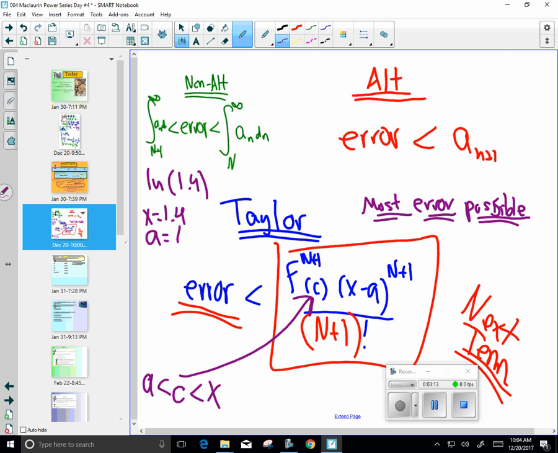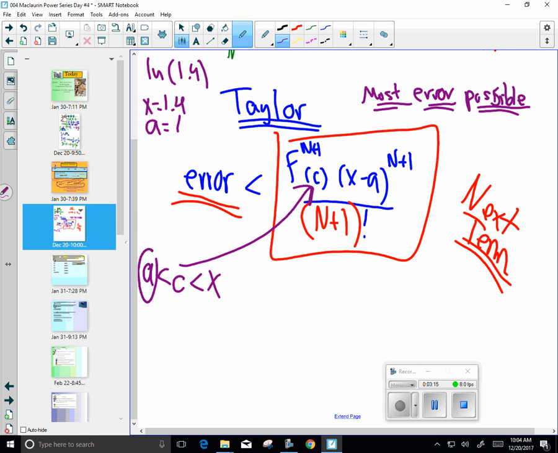Now, why do you have to check both a and x? Well, which is going to be bigger, a or x? In this case, which is going to be bigger? A. So if this is decreasing, the a is going to be bigger.